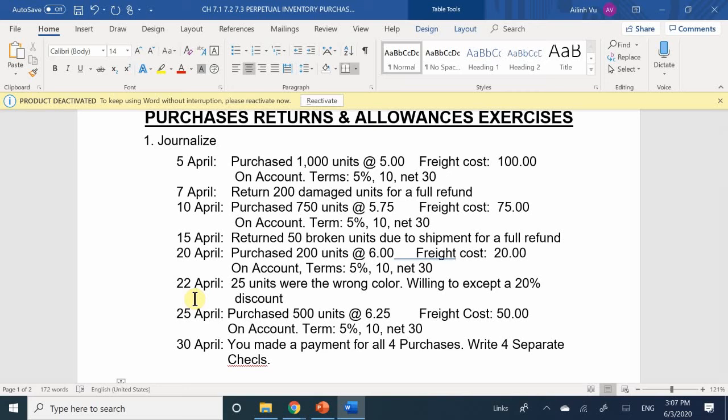So 25 times $6, it's 150, and then times 20%. Wait, that can't be right. I got the 36. Let me redo this. Go to my calculator.